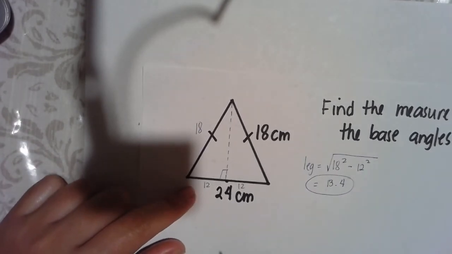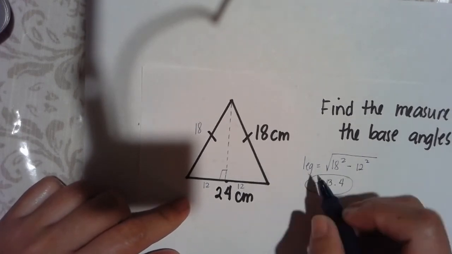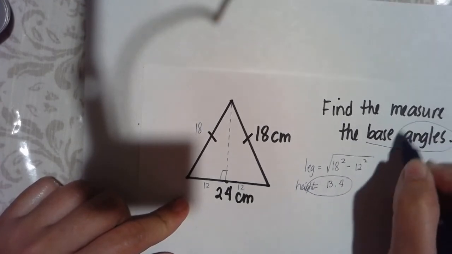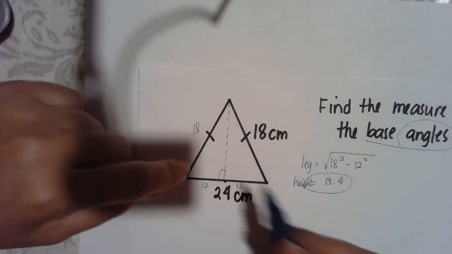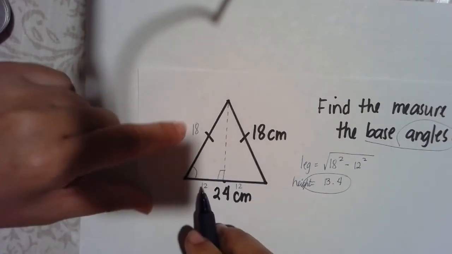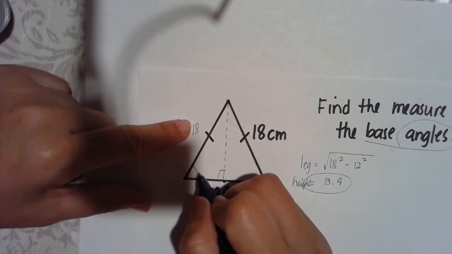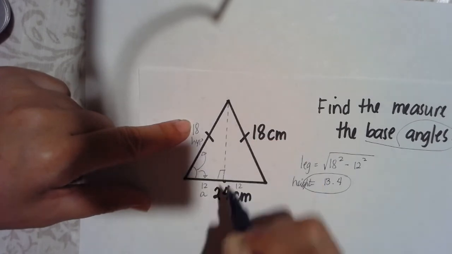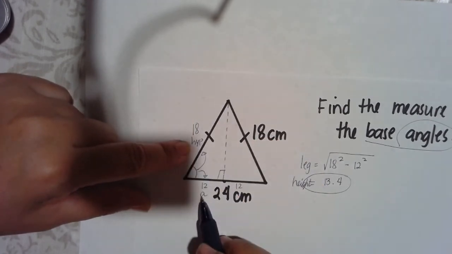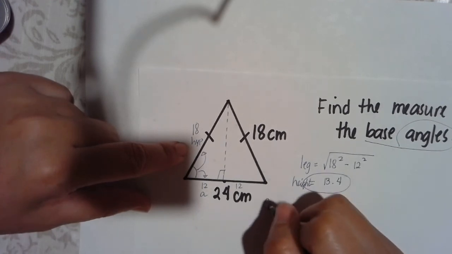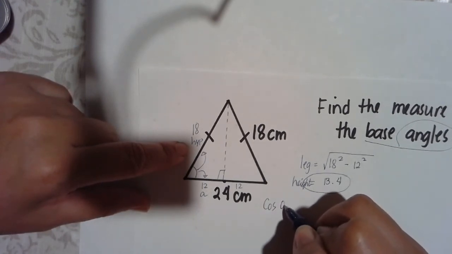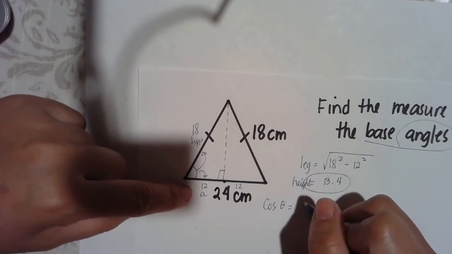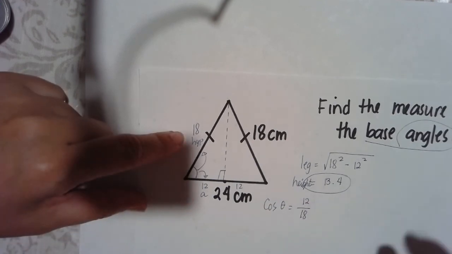Now, the base angles. This is just the leg or the height, but my concern is the angle. If we are solving for this angle and you have 2 given here, this is my adjacent and this is my hypotenuse. So in SOHCAHTOA, this is CAH, A and H. So cosine of an unknown angle, which I will call theta, is equal to adjacent, which is 12, over the hypotenuse, which is 18.